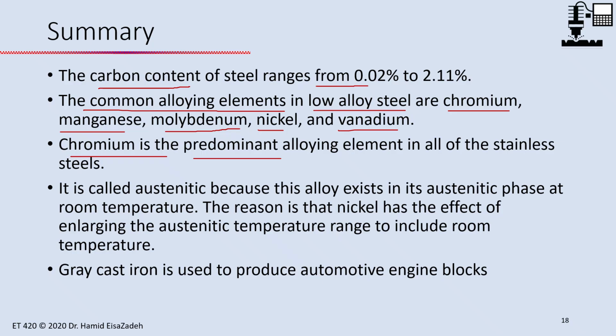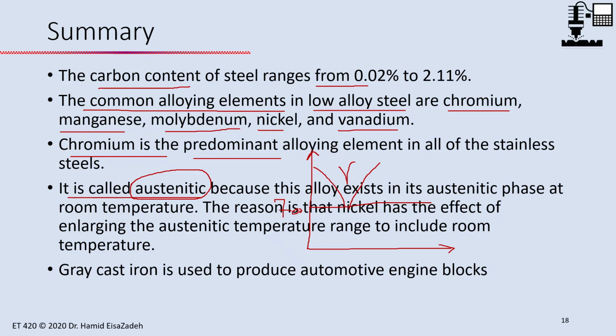As you remember, austenite was not stable at room temperature. The reason we use the austenitic name for austenitic stainless steel is that when we add nickel, it can extend the austenite temperature range to room temperature. This is the iron carbon diagram. As you remember, this is the eutectoid point. Then we had this gamma phase that was stable at 700.